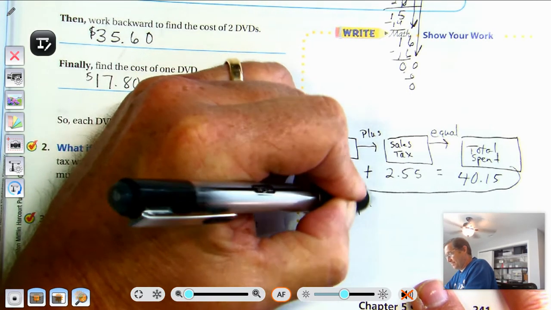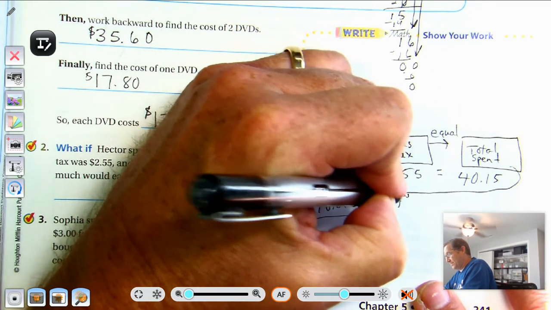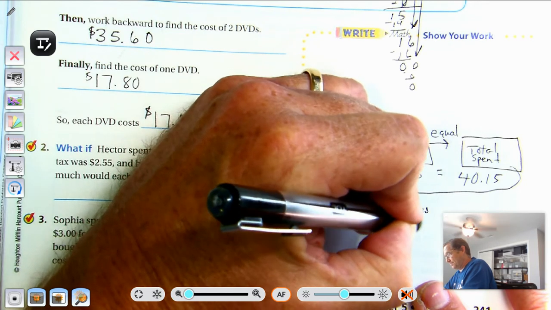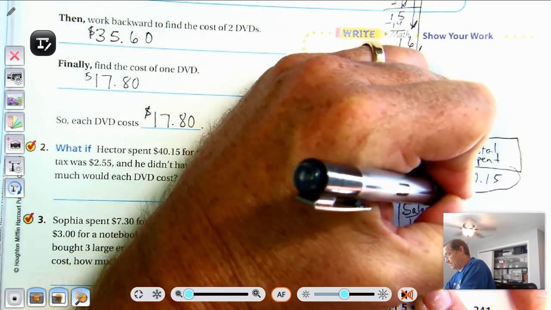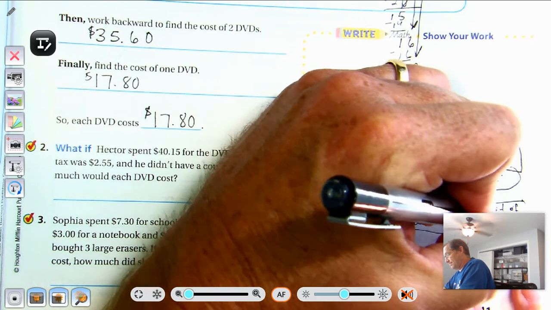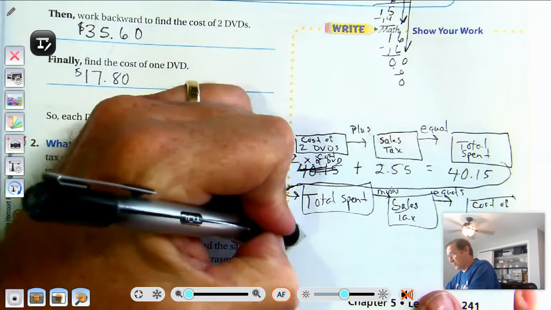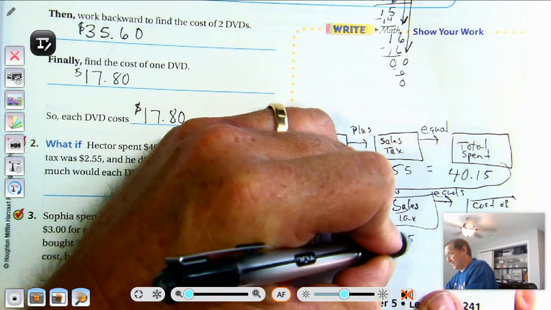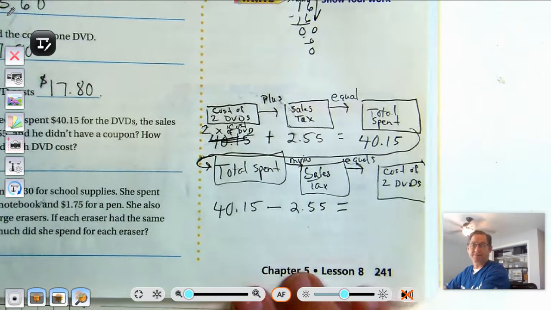Total spent minus the sales tax will equal the cost of 2 DVDs. All right. So again, we know the total spent was $40.15. We know the sales tax was $2.55. And that's going to give us the cost of 2 DVDs.